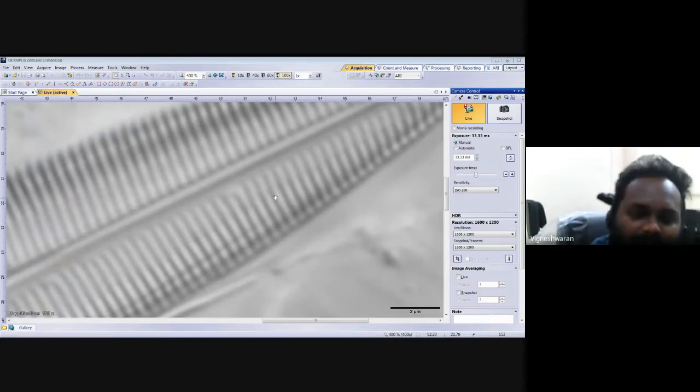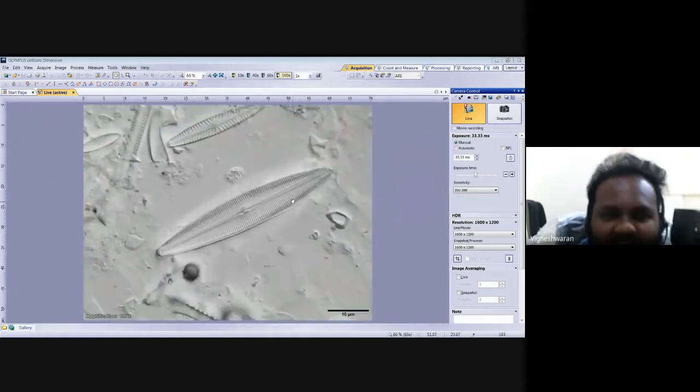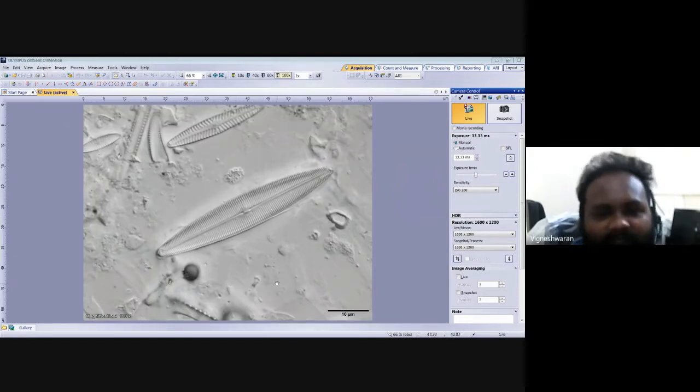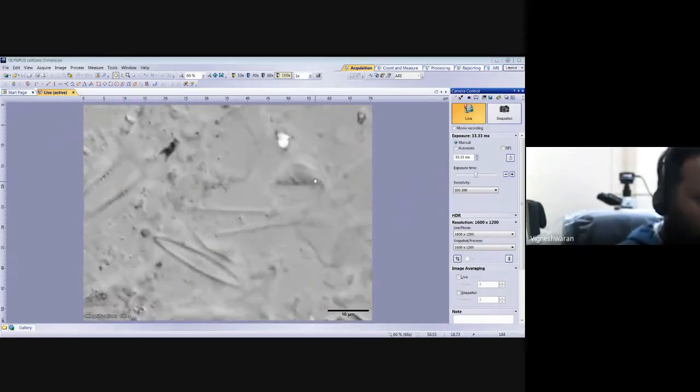That is the morphometric data of the diatom. Based on that, we differentiate every individual diatom: the length, the width, and the striae density. Those three things go to the morphological data. So we will go to the next diatom.